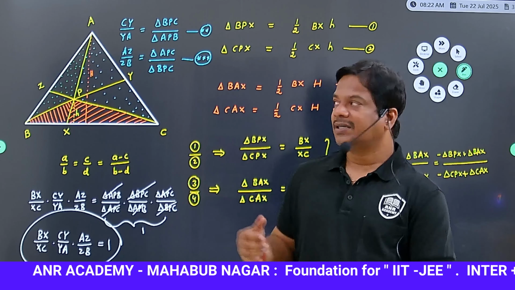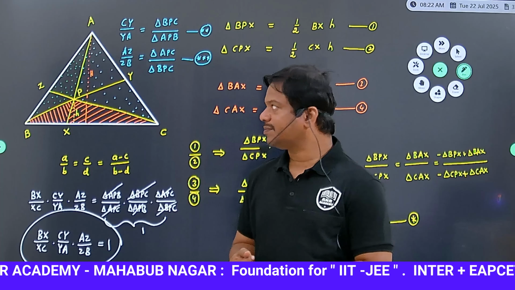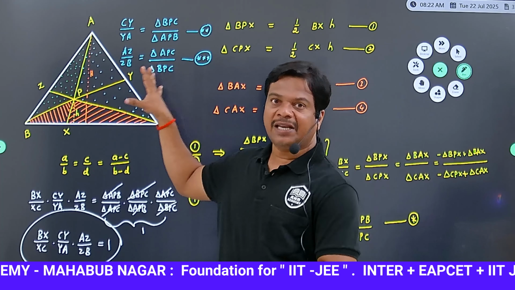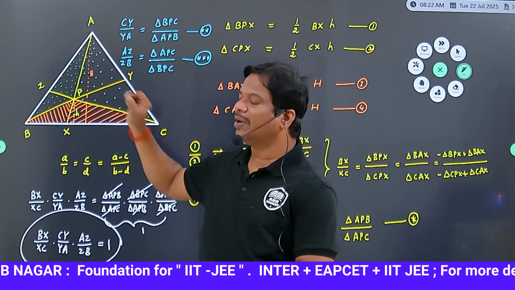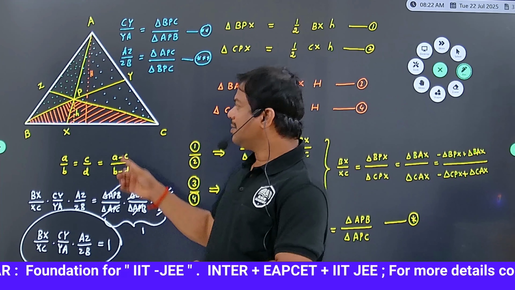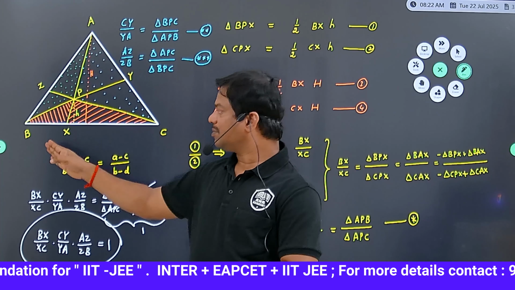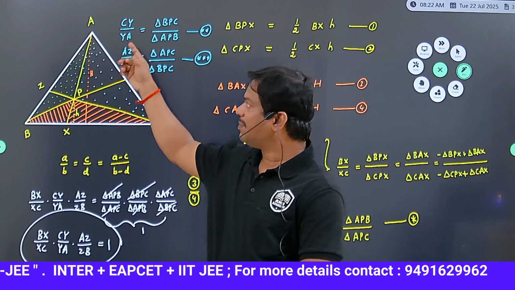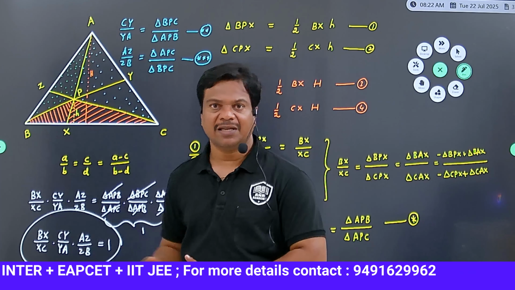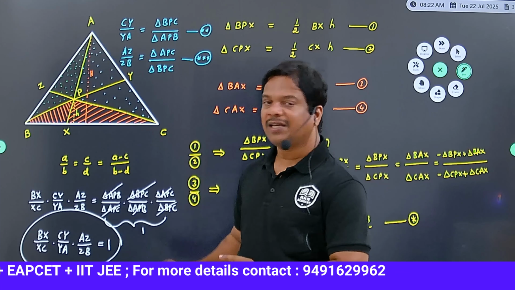Next, Ceva's theorem says that if three cevians are concurrent, that is passing through a common point P, then their side ratios BX by XC multiplied by CY by YA multiplied by AZ by ZB become clearly 1.